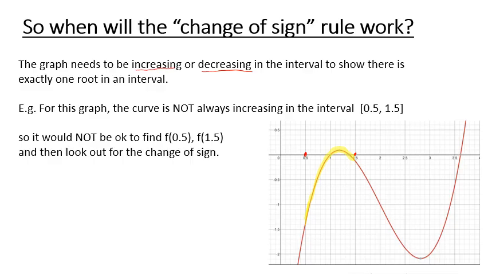Maybe it didn't go through the x-axis, or maybe it went through twice, like we can see in this picture, or it could have even gone through 4, 6, 8, or 10 times, any even number. So it's gone through that x-axis, but then come back down and gone through the x-axis again. So if your graph is not increasing or decreasing on the interval, then the change of sign rule does not work.